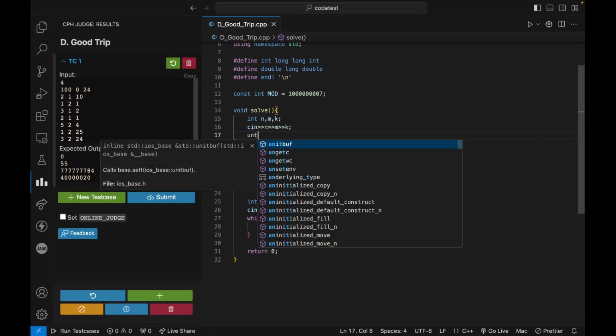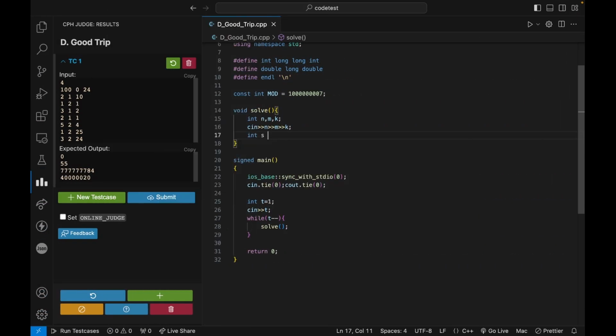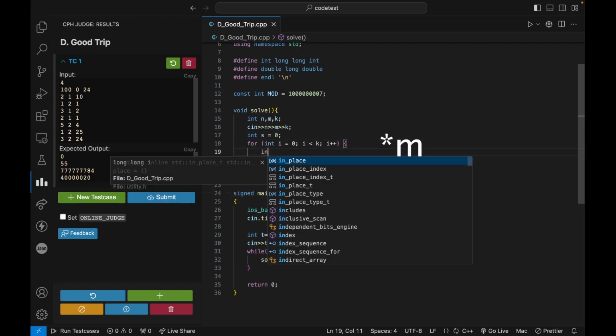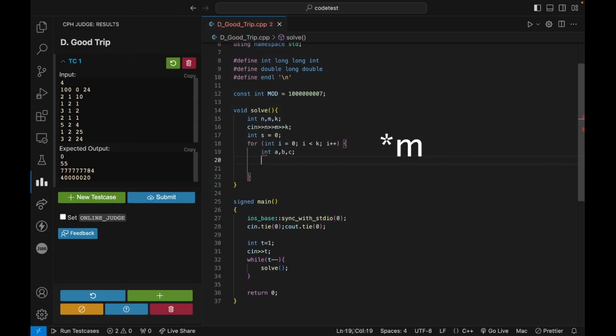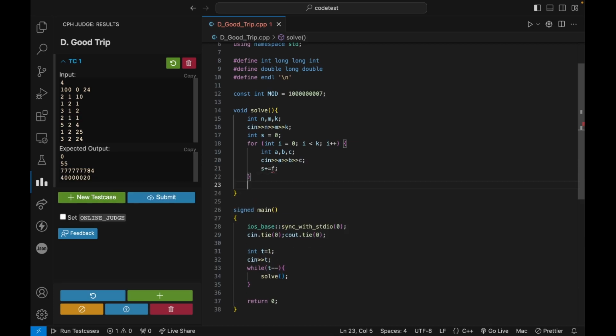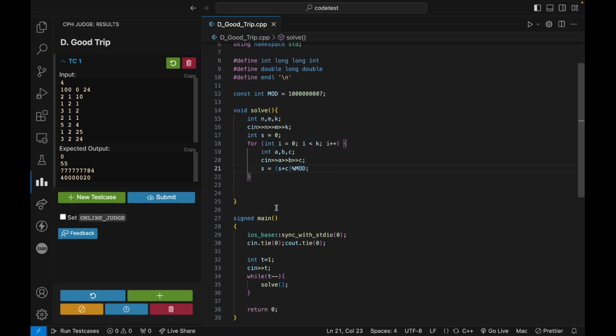So I can say int s is equal to 0, and for i in range k, read a, b and c, and s plus equals to f of c. And I should also take the modulus, otherwise this might give me an integer overflow. So this will work. Now we have the summation value of f of i's.